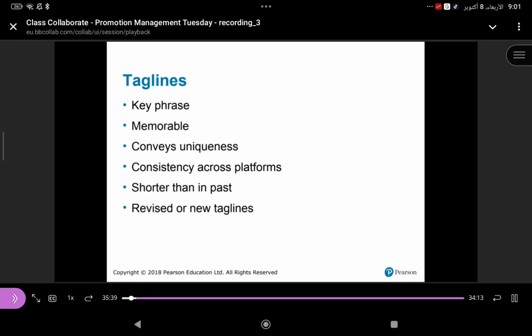Every brand wants taglines to be remembered by the customers. And these taglines create a memory in the minds of the customer. They help them recall, recognize the product, remember the product, and play a very important role for any company to get the recognition by the customers.